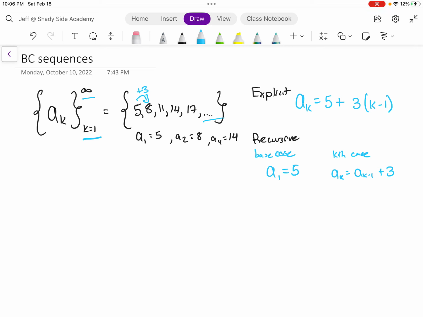Any term, like the fifth term, is the fourth term plus 3, and obviously that's true. This is good for some sequences, but for this one we'd have to calculate all of the previous ones, so that might be somewhat cumbersome. So we might not want to think about that as much.